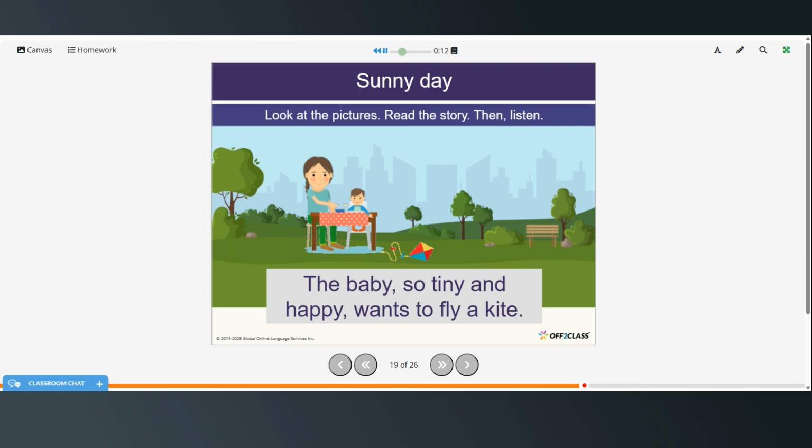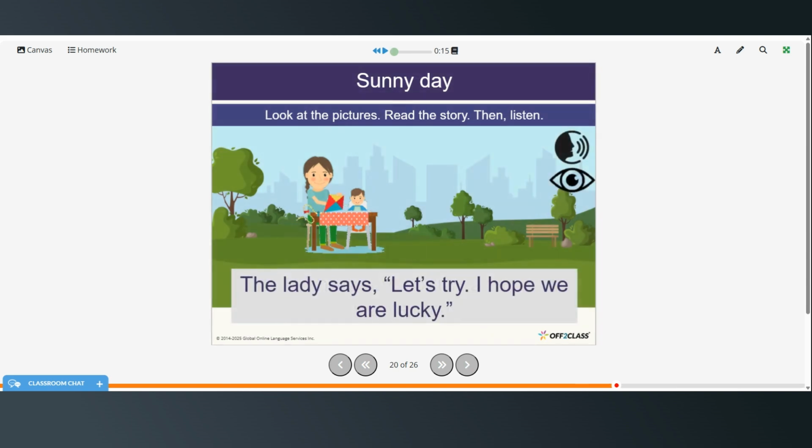The baby, so tiny and happy, wants to fly a kite. The lady says, "Let's try. I hope we are lucky."